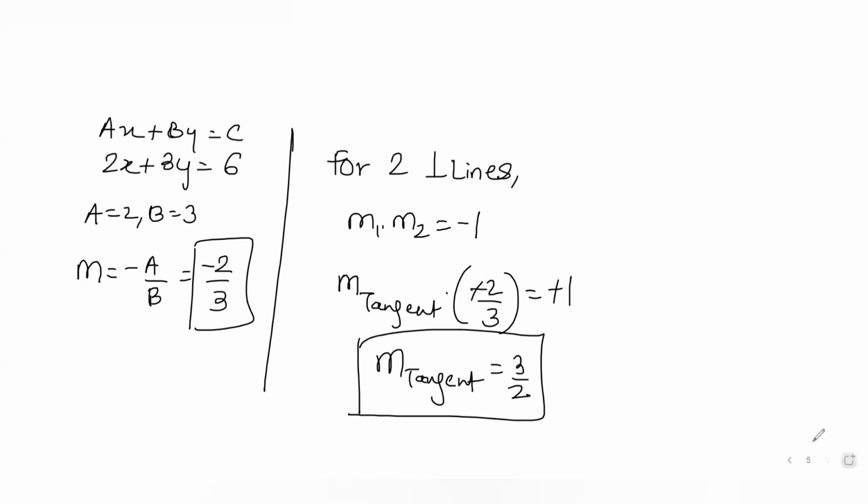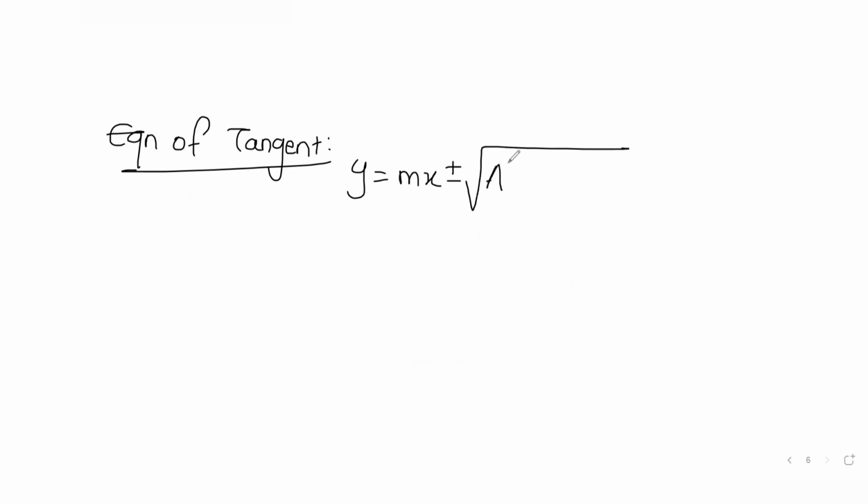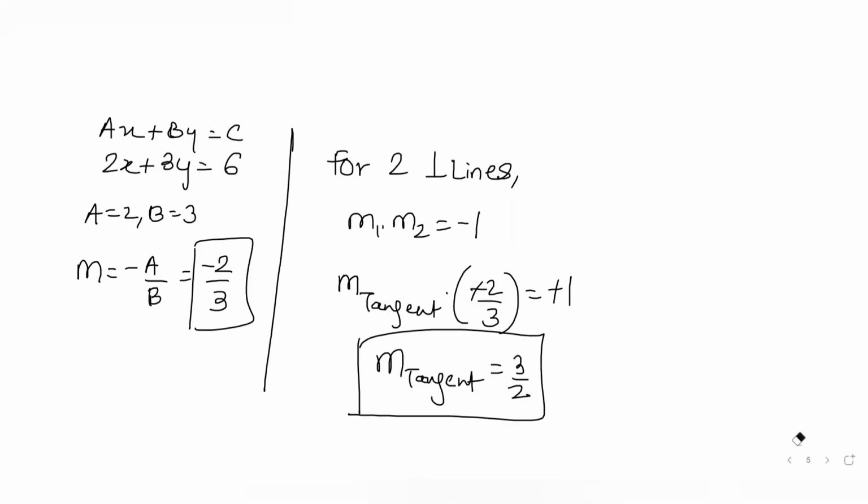We know that the equation of tangent to the hyperbola is given by y is equal to mx plus minus root of a square m square minus b square. So if I use this idea, I get the equation of tangent turning out to become y equal to mx plus minus root of... m, also I have it with me here, slope of the tangent 3 by 2.